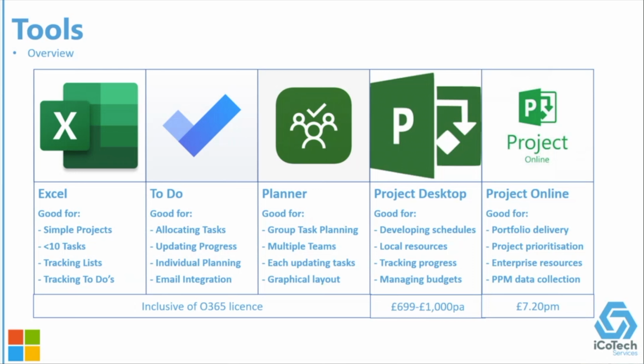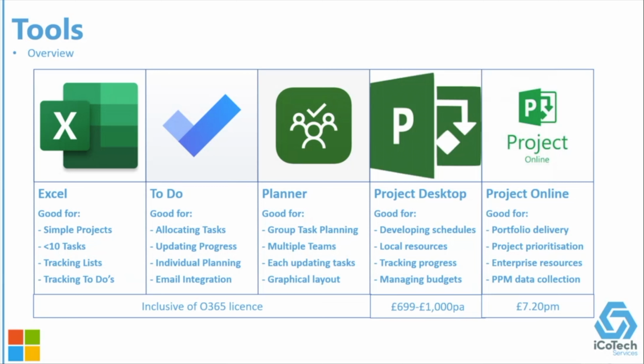So I know I've got an accounts planner with the accounts team, and we've got a delivery planner with Aaron and the delivery team, and then we've got a partner planner with Geraint as well. So you can have different planners for different teams, and that's really good. And I'll come on to that in a bit more detail in a short while. So you can update tasks. It's quite graphical and intuitive and interactive.